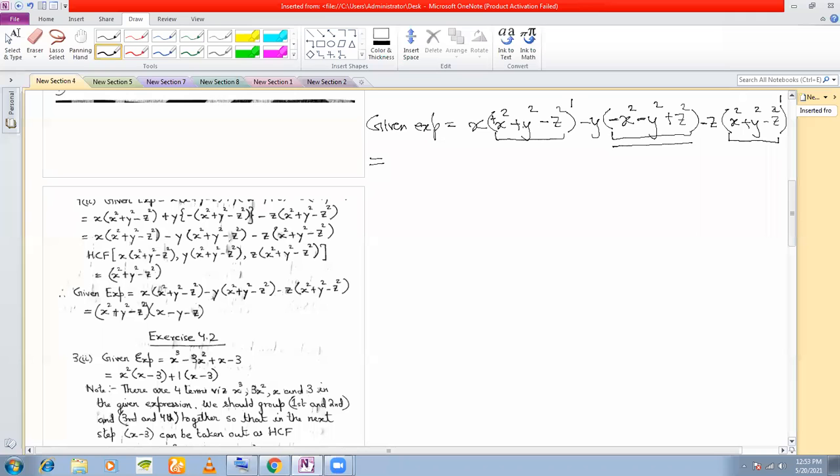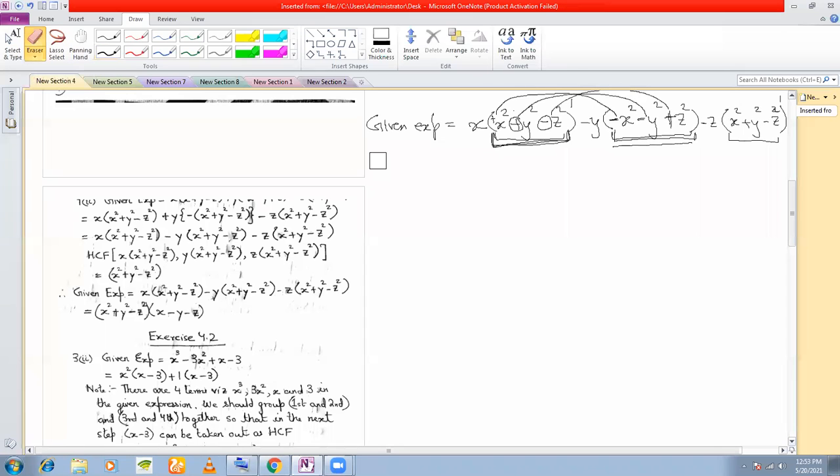I have a minus y square here, and a plus y square here. And I have a plus z square here, and a minus z square. But what is interesting is that whatever signs you have here and here, they are just opposite. Where you have a plus here, you have a minus here, and so on. So they are just the opposite.